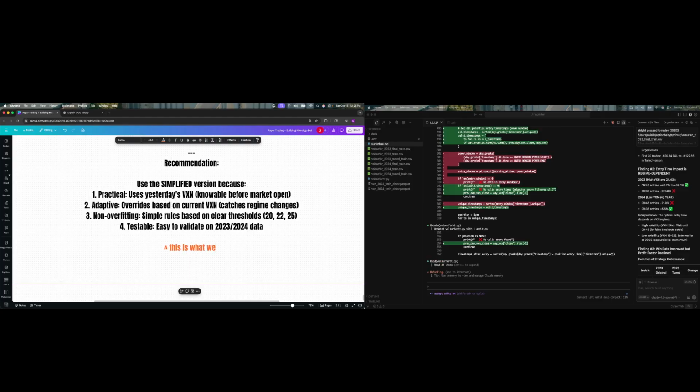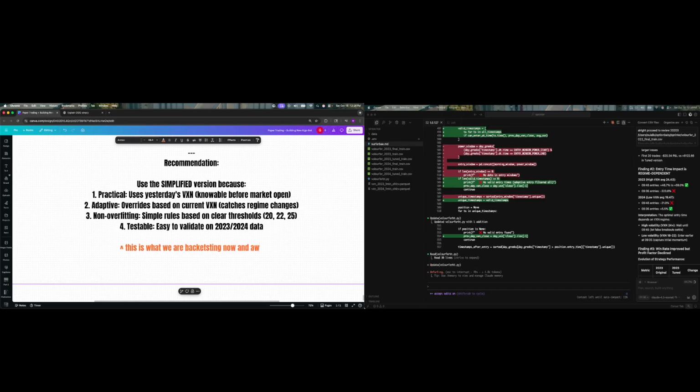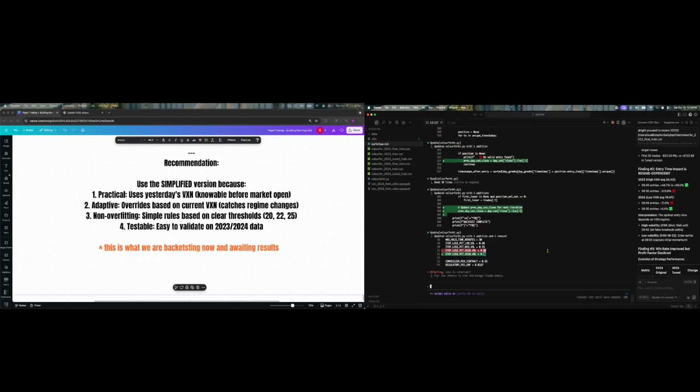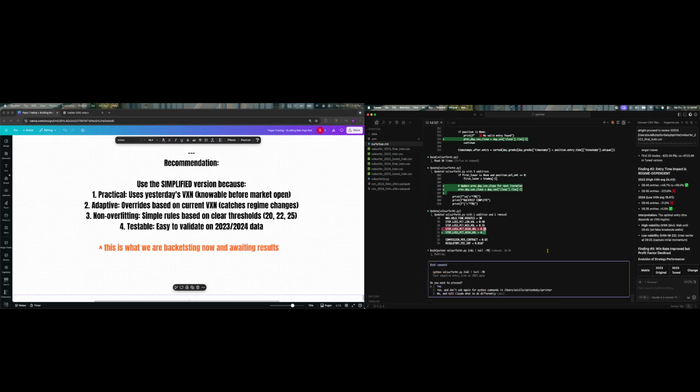This is what we are backtesting now, awaiting results. So you're going back to 30. Oh, because of the entry time. All right, so let's let that run.